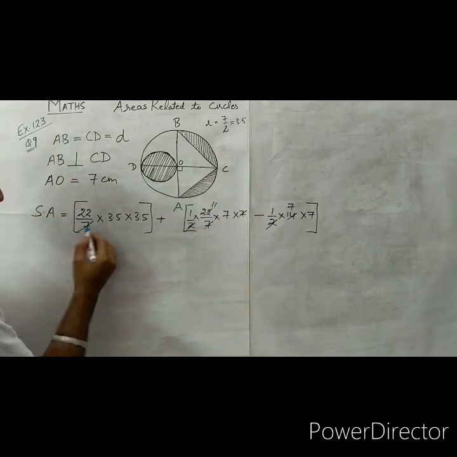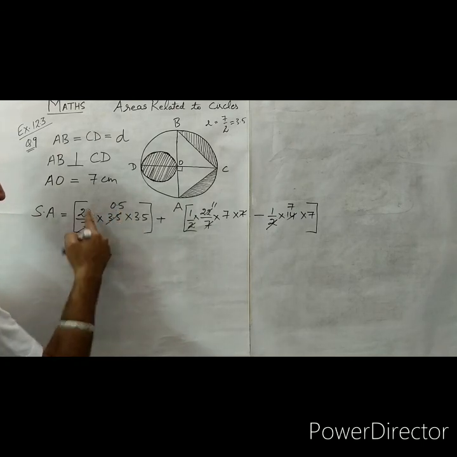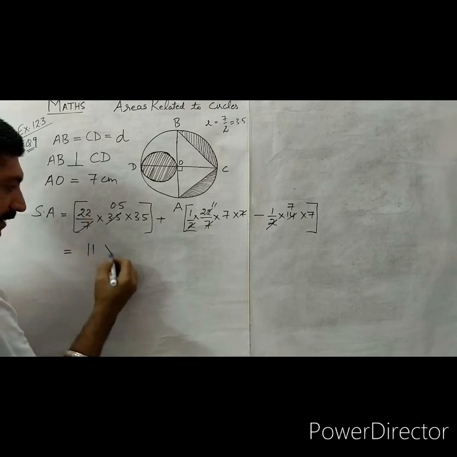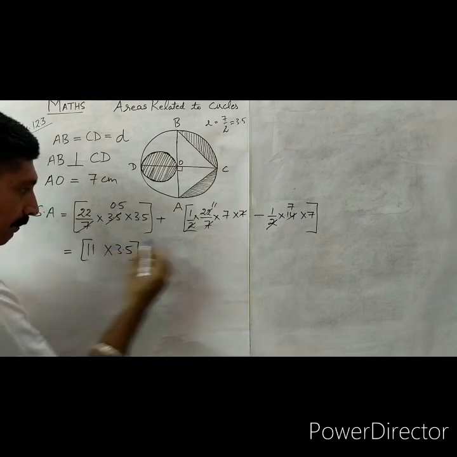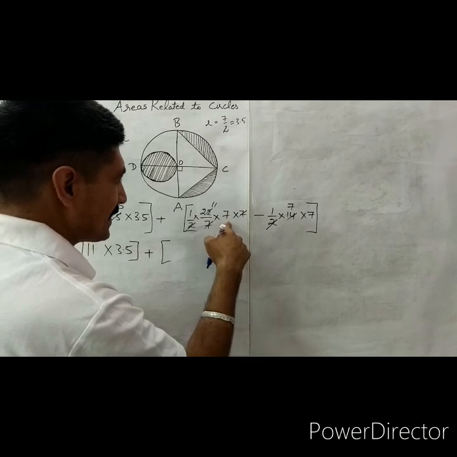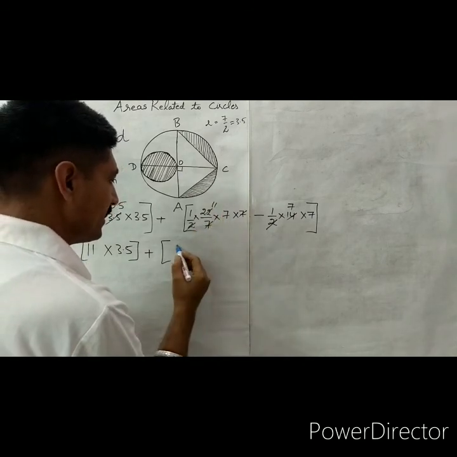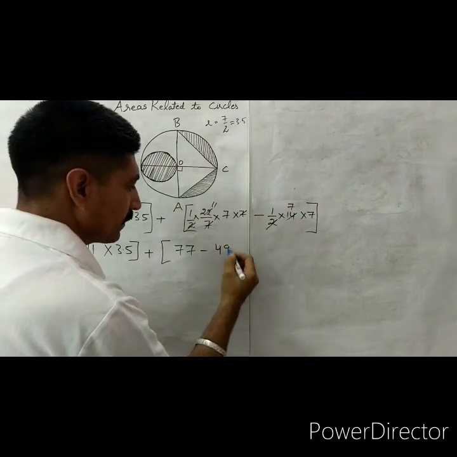So 7 ones are 7, it is 0.5, and 0.5 into 22 is 11. So we have 11 into 3.5 plus this area is equal to 77. 11 into 7 is 77 minus 49.